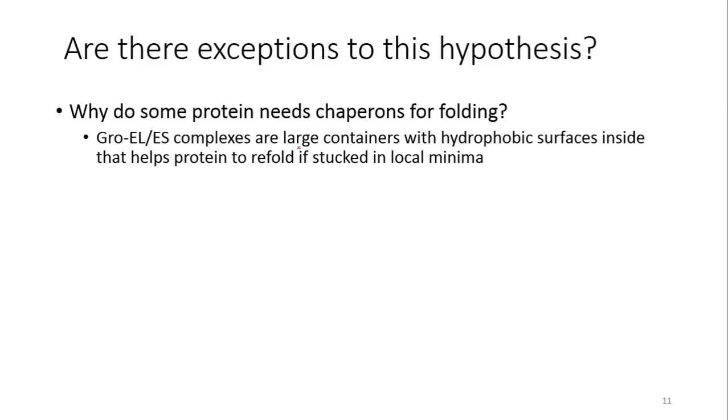So, for example, one of the very famous chaperone proteins is in the form of these GroEL-GroES complexes. Okay, so these GroEL-GroES complexes are very large containers present in the cell, and this container has a kind of lid.